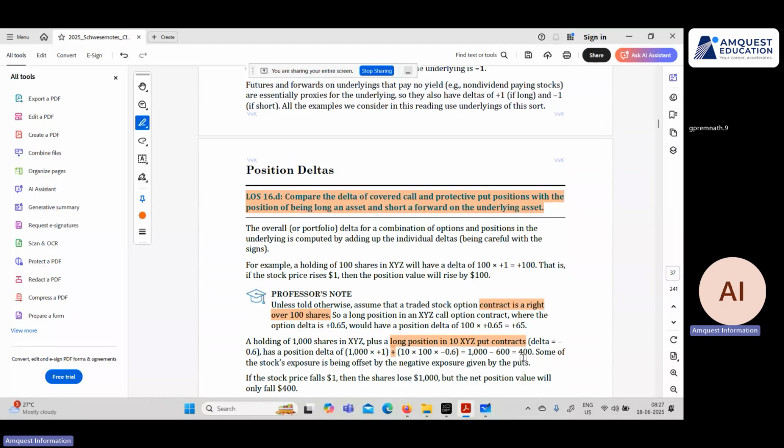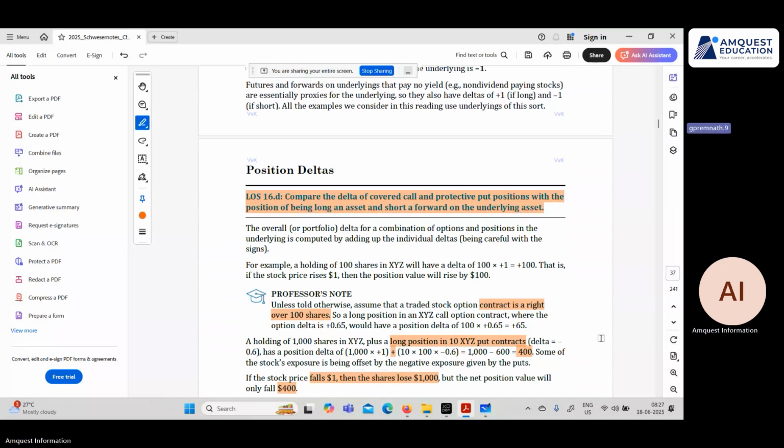So effectively, you will have overall 400. If the stock price falls by $1, the shares will lose 1,000. But using the overall position, your overall position will only fall by 400. And that's the whole objective of buying the put contract, right?